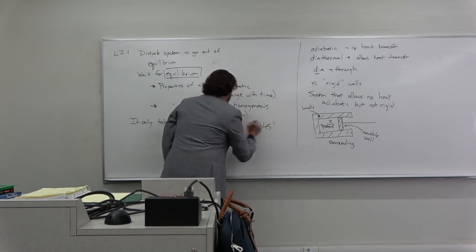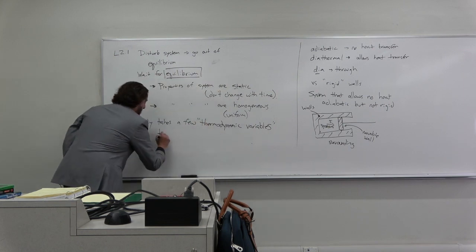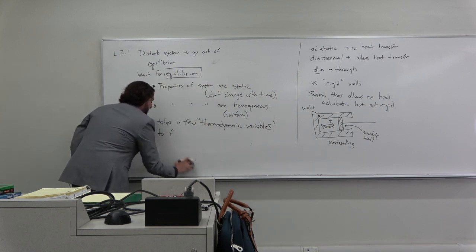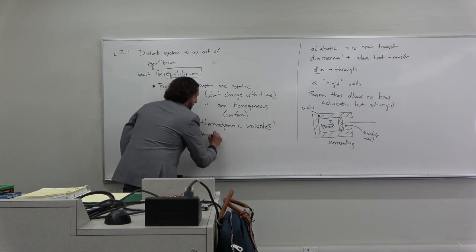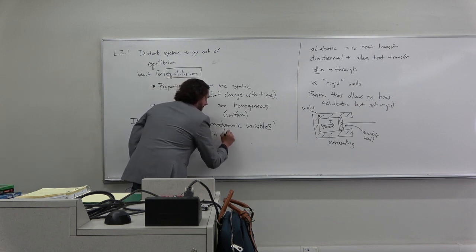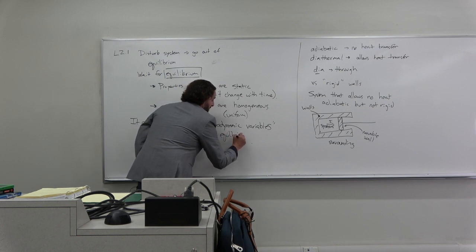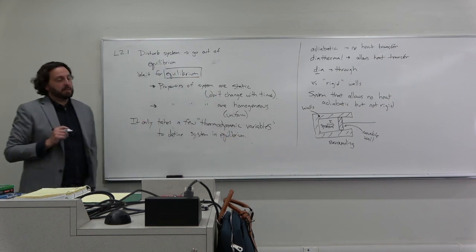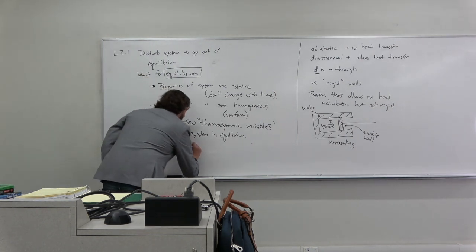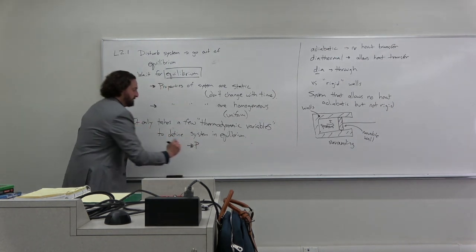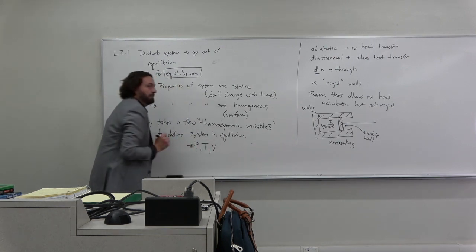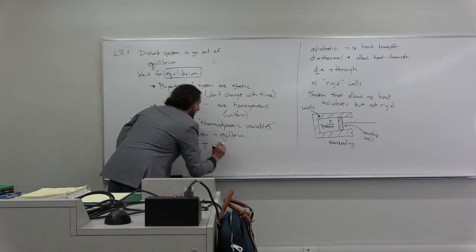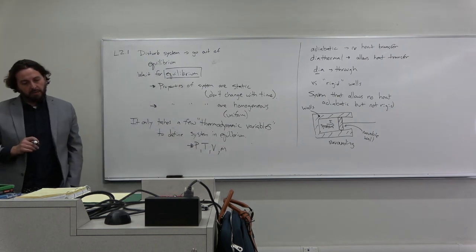Only a few thermodynamic variables to define a system in equilibrium. So a few examples of these thermodynamic variables are pressure, temperature, volume, and mass, or number of moles.